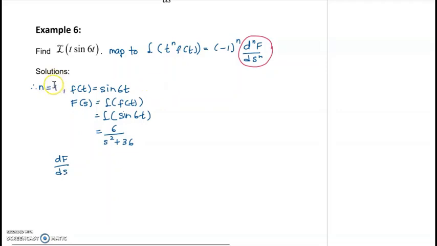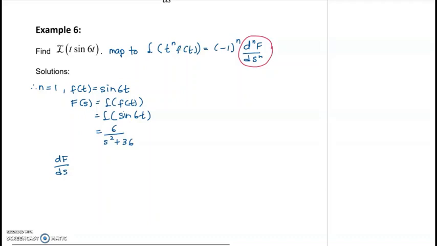If n were 2, we would need d^2F/ds^2, the second derivative. The higher the n, the more work to get the derivative, because n refers to how many times you need to perform the differentiation. For this one, n equals 1, so we only need dF/ds.